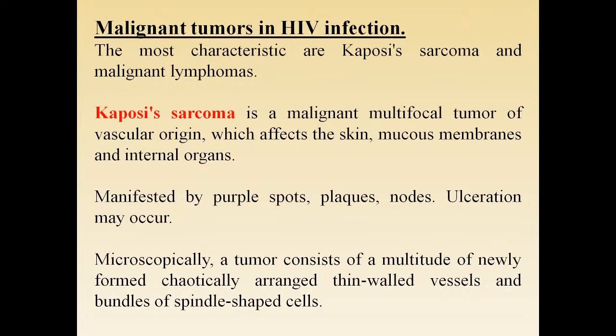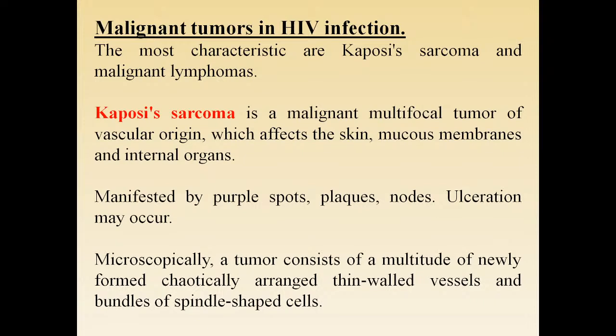Malignant tumors in HIV infection in the terminal period are characterized by formation of Kaposi sarcoma and malignant lymphomas, such as Burkitt lymphoma. Kaposi sarcoma is a malignant multifocal tumor of vascular origin that affects the skin, mucous membranes, and internal organs.